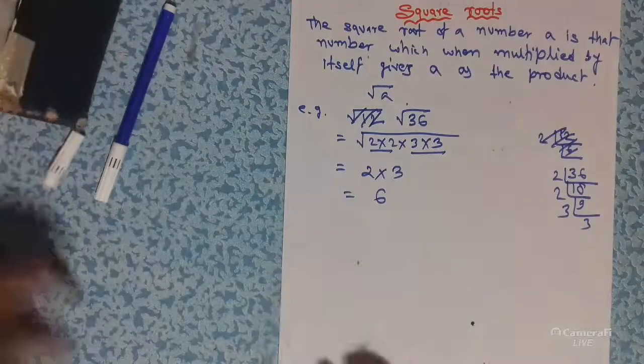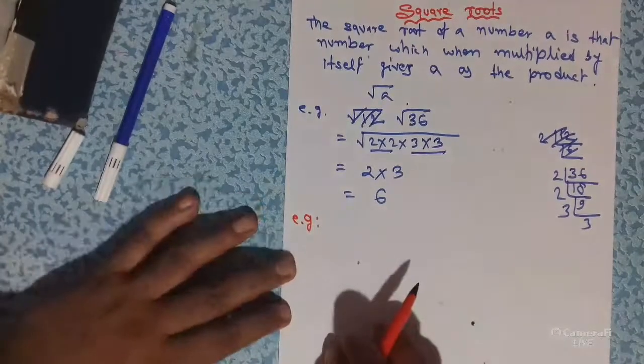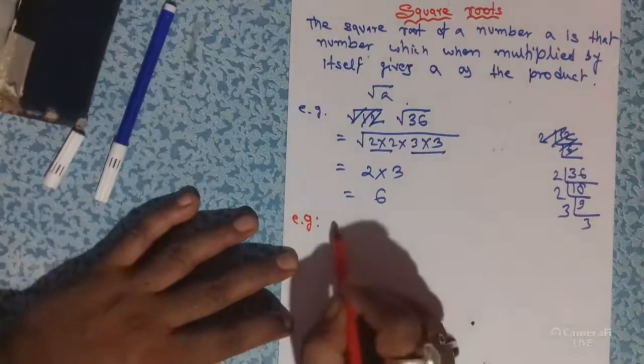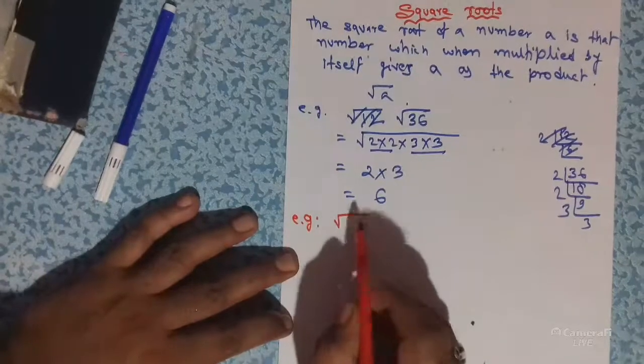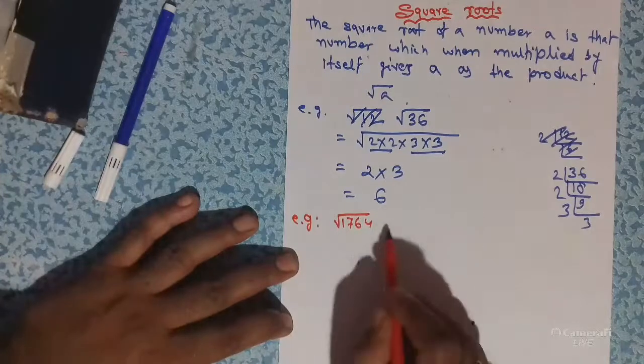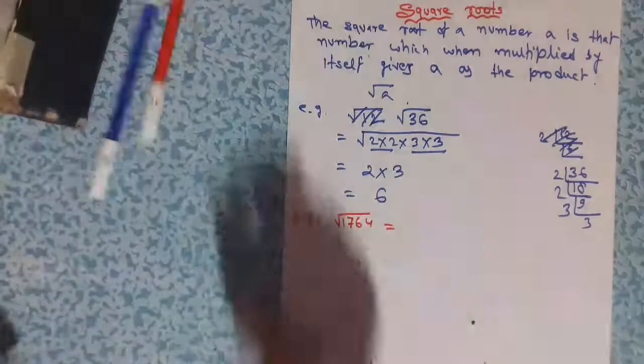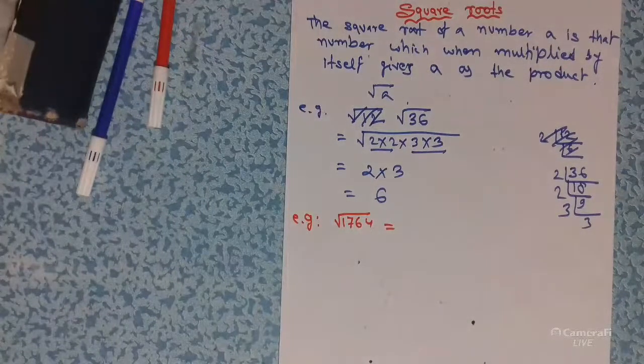So I will give you a math problem, you have to solve it and send me the answer. So find the square root of 1764. So students, find the square root of 1764 and send me the answer.